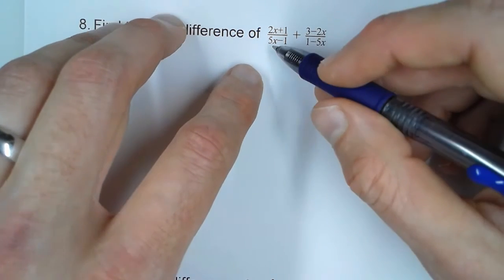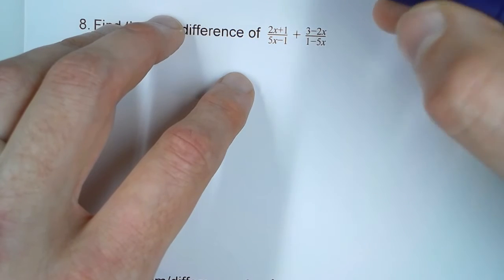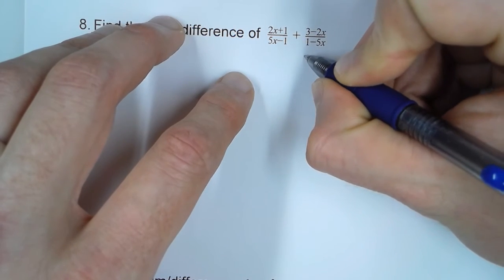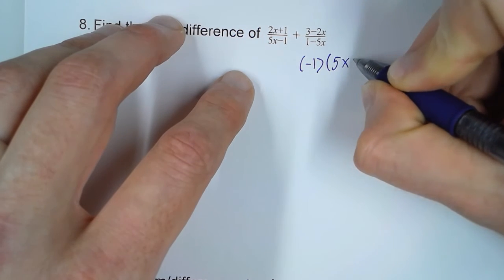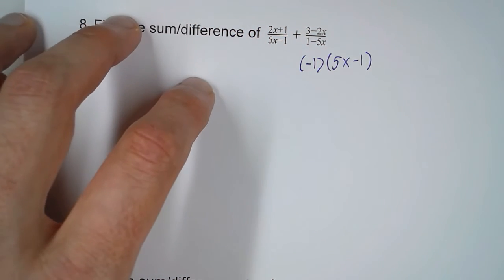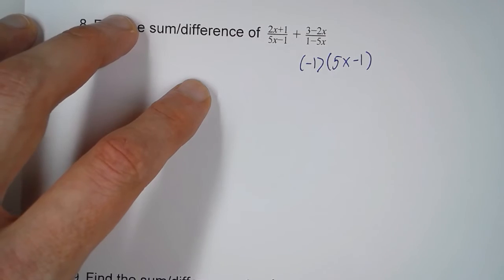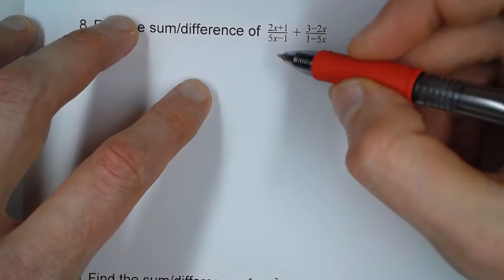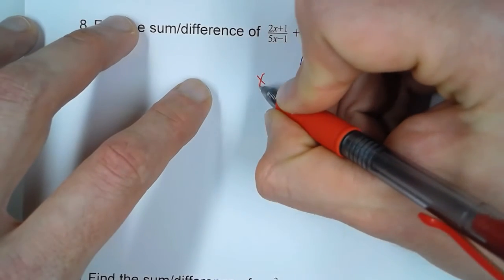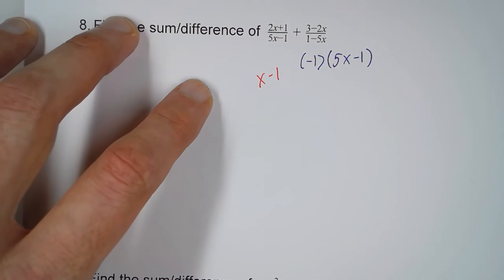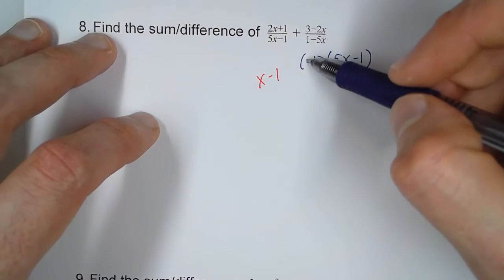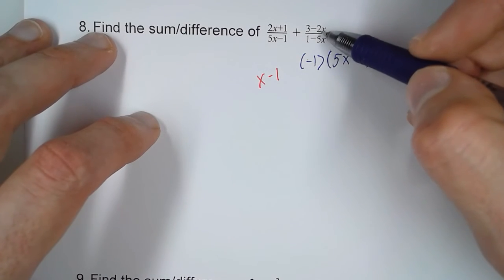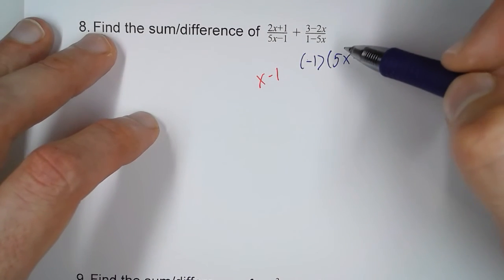So we could think of 1 minus 5x as negative 1 times 5x minus 1. All we would have to do is multiply this first fraction by negative 1. That would give it the extra negative 1 factor we need, and then they have a common denominator.